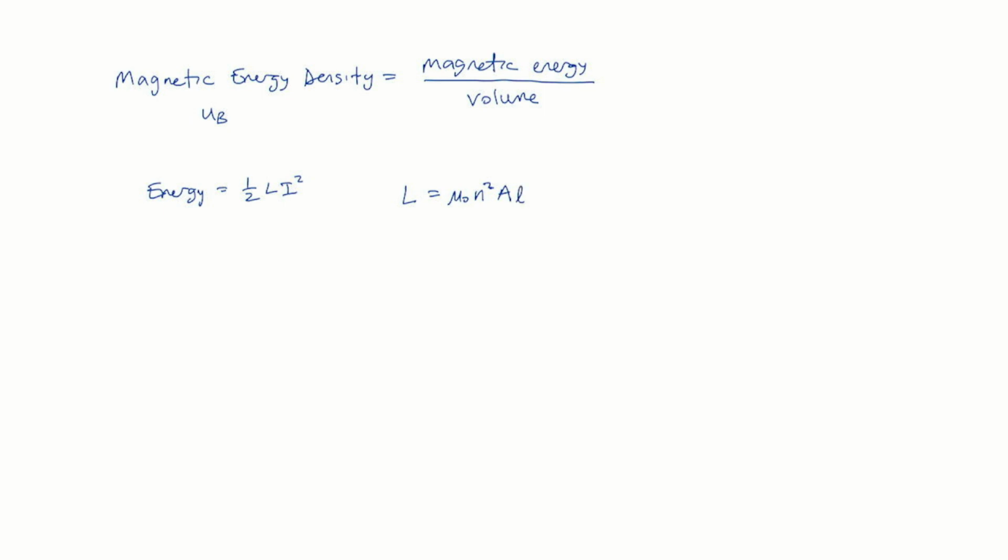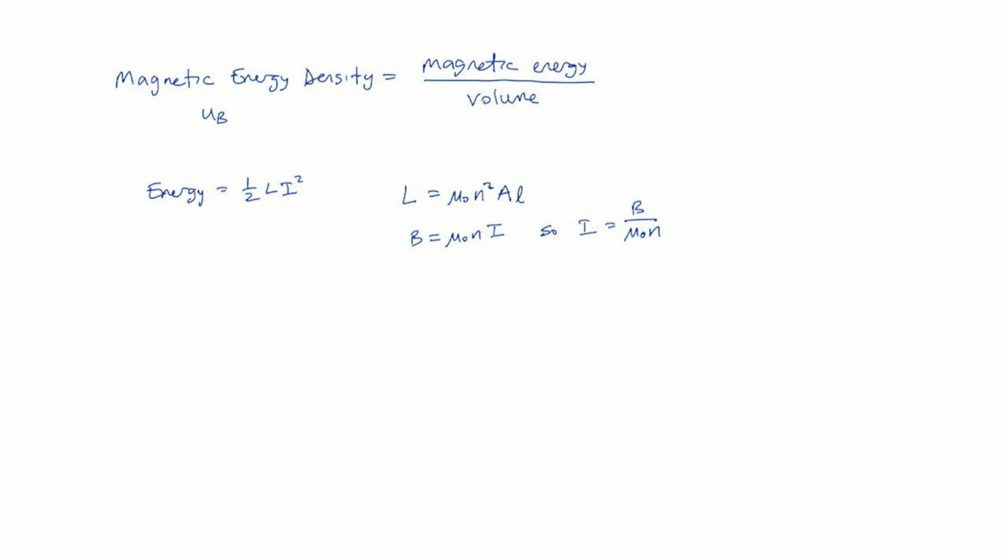And so l is the length of the solenoid, A is the cross-section area, n is the number of turns per length, and mu 0 is the permeability. We also know the magnetic field due to a solenoid is mu 0 n times i. And so current i is magnetic field divided by mu 0 times n.